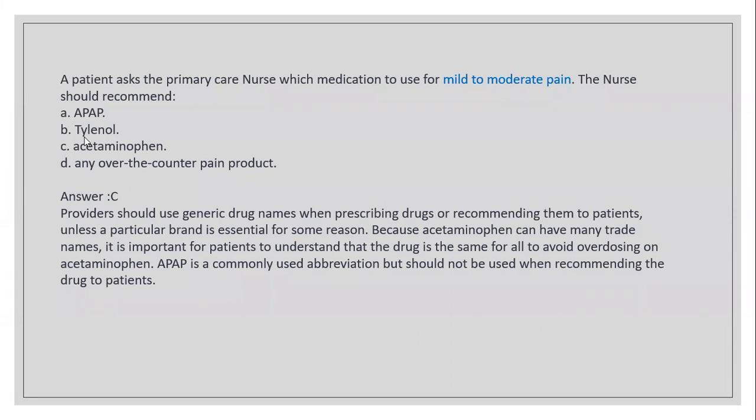So we should always provide the drug's generic name. The explanation said providers should use generic drug names when prescribing the drugs or recommending them to the patients, unless a particular brand is essential for some reason.